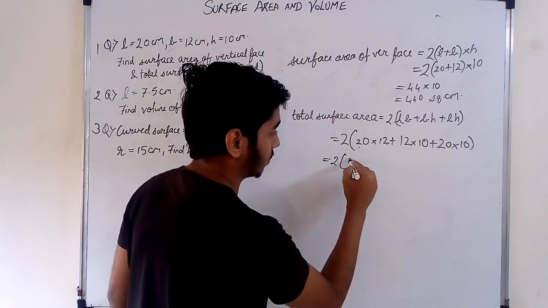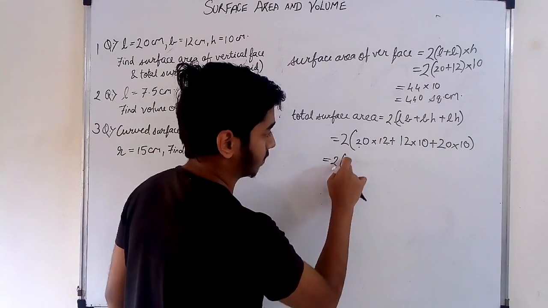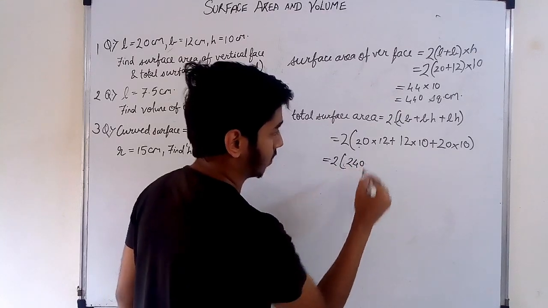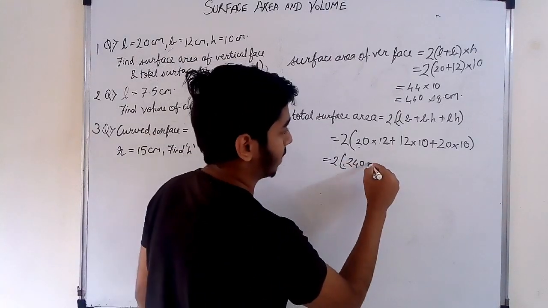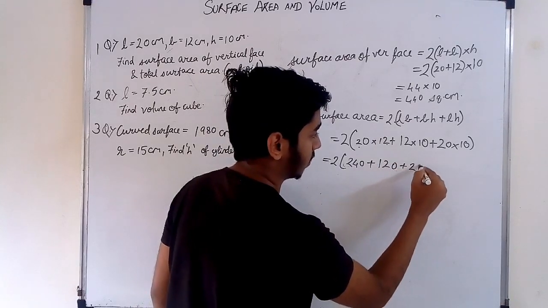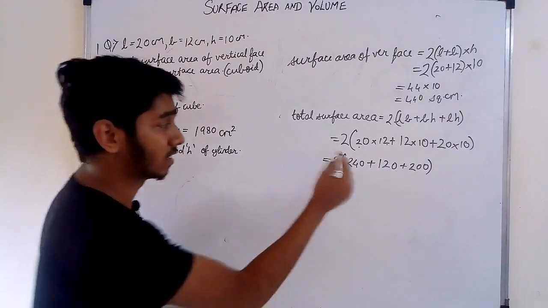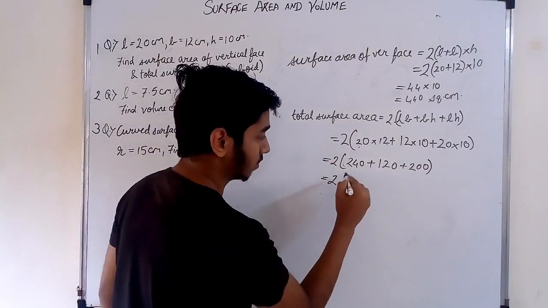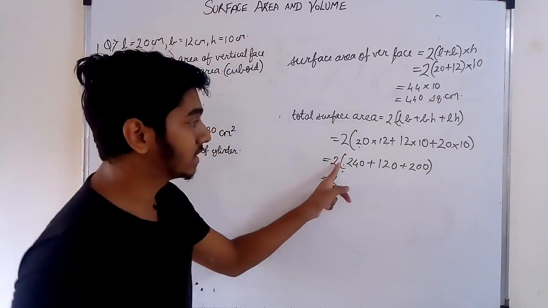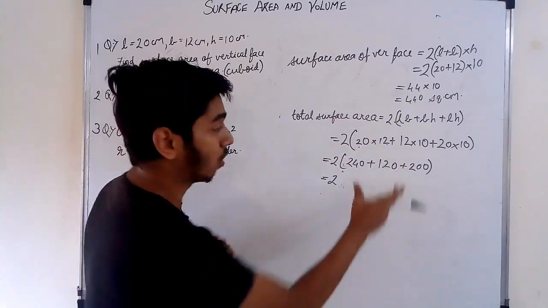Now simply multiply and add them. 20 into 12, 240, plus 120 plus 200. Correct. Simply multiply it, you can get the answer on your own. See, if it's a bracket, that means it's into. So 2 into all this.